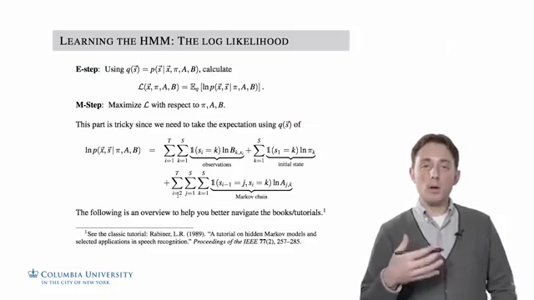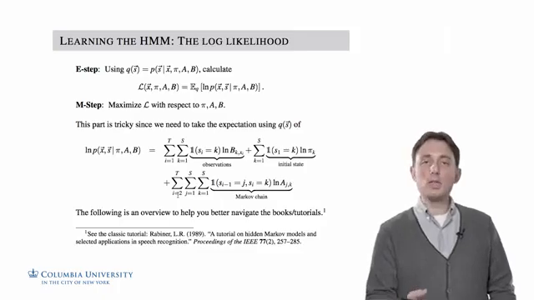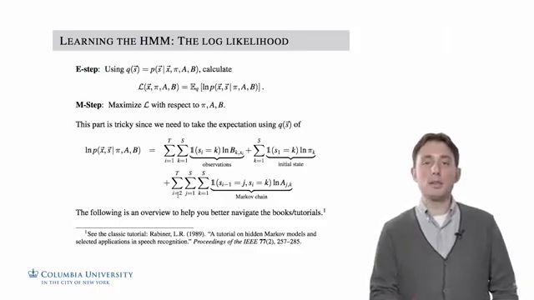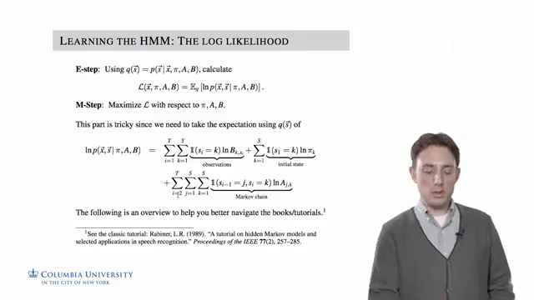And so now we are going to make some crucial observations. The first observation is the fundamental fact that the expectation of an indicator of an event is equal to the probability of that event according to the distribution.